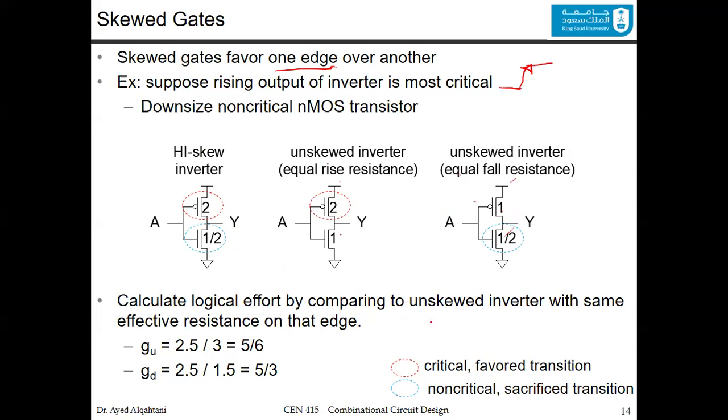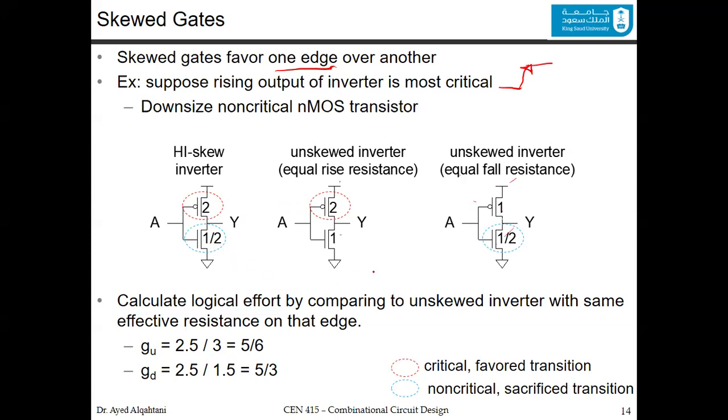The blue circle is the non-critical or sacrificed transition. So what happens here is we keep the sizing of the pull-up network like this one, which is the normal inverter, and we sacrifice this one by half.